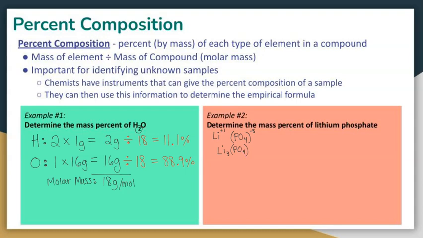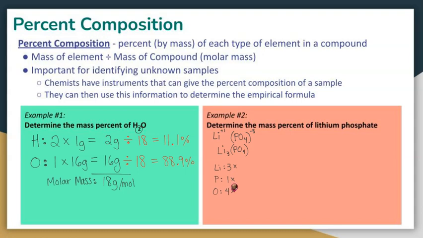So now I will break this apart into its elements so I can add up the total molar mass. We of course have lithium, and we have 3 lithiums, we have phosphorus, and we have oxygen. Now, because there is no subscript next to phosphorus, I know that that 1 is implied, and there's a subscript of 4 next to oxygen, so I know there are 4 oxygens and 1 phosphorus. Now we'll go ahead and fill in the mass of each individual element.